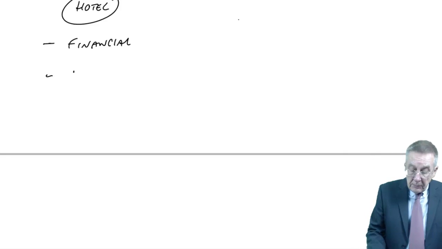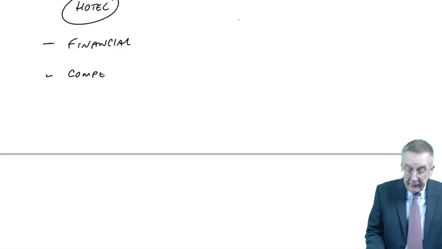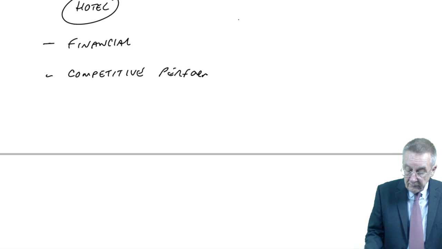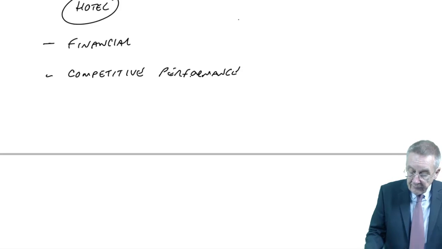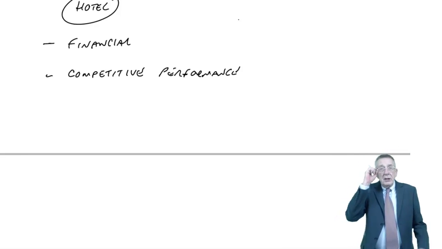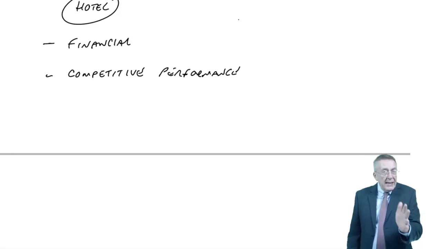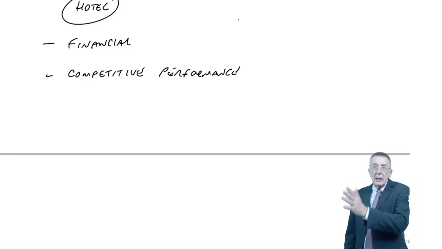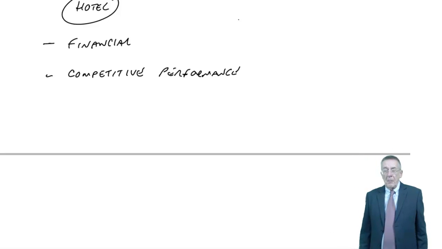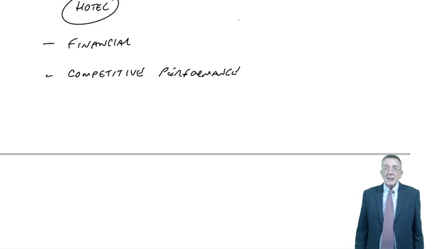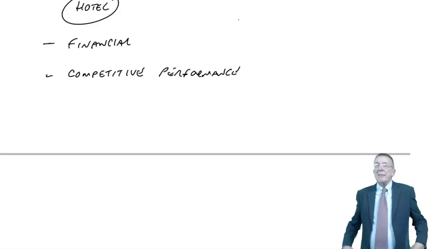However, the non-financial ones, I'll keep to the order that's here. They said we should be looking at competitive performance. And we should keep measuring each year how well we are doing compared with our competitors. Now, I said I'd use a hotel as an example.